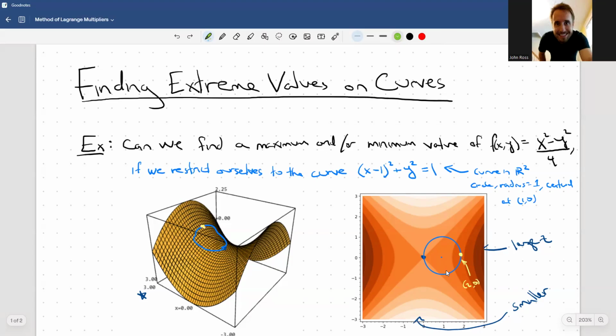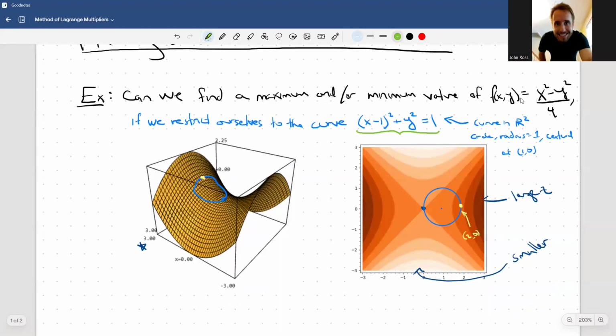And before I scroll down below, I want to very briefly reframe this idea here, the curve (x minus 1) squared plus y squared equals 1. I want to express this as a level curve of a second function. So I can create the second function, g of x, y equals (x minus 1) squared plus y squared.